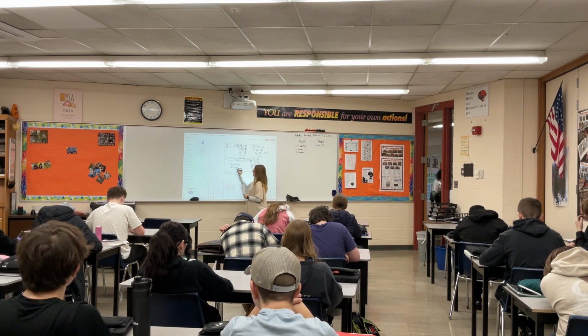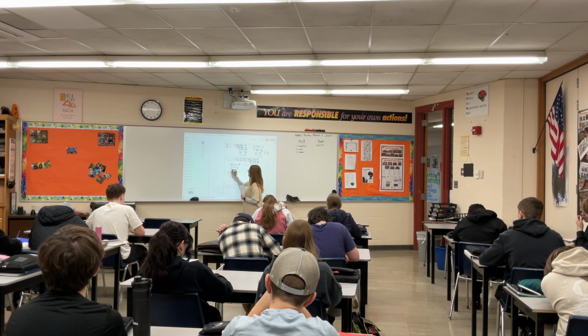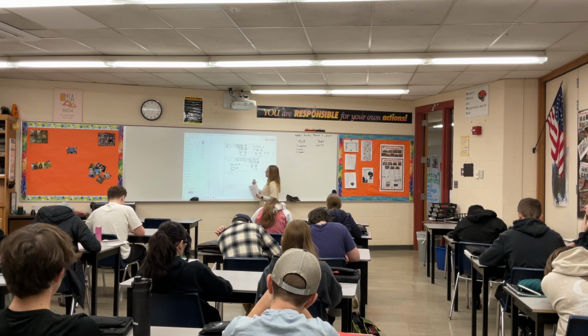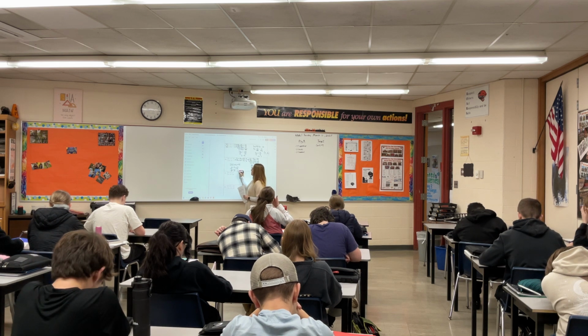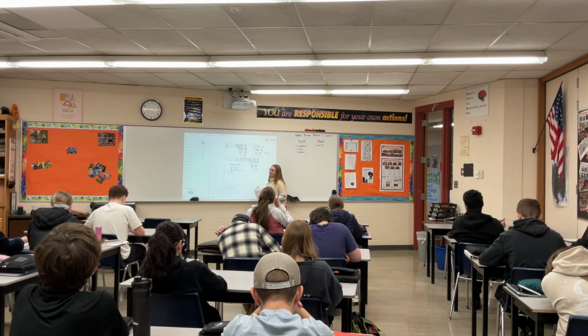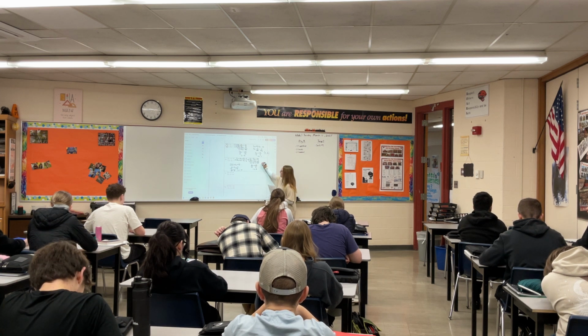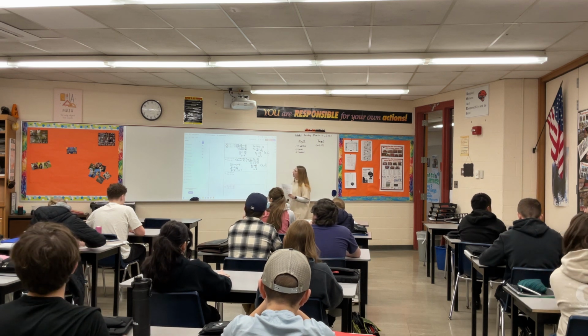First, I'm going to subtract 18 from both sides, so I have negative 12 equals 4y. When I divide both sides by 4 to get y by itself, I get y equals negative 3. I have my x, I have my y, so my solution is (3, negative 3).